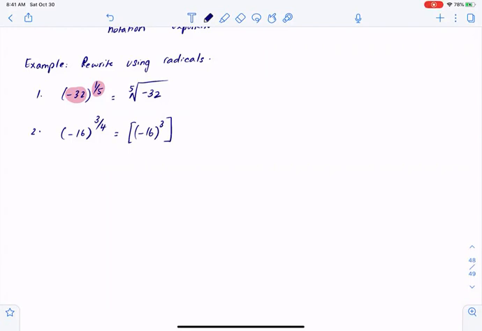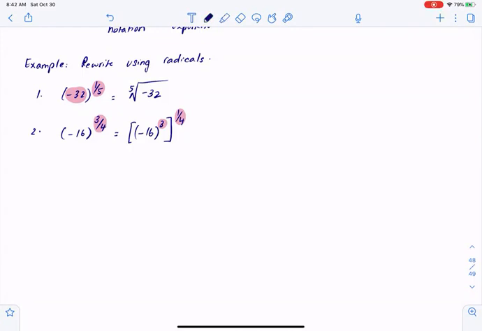So negative 16 raised to 3, raised to the power of 1 over 4. One of the properties of exponents tells us that if we multiply those two, we would end up getting 3 over 4. So I can rewrite negative 16 raised to 3 over 4 like I did on the right-hand side.